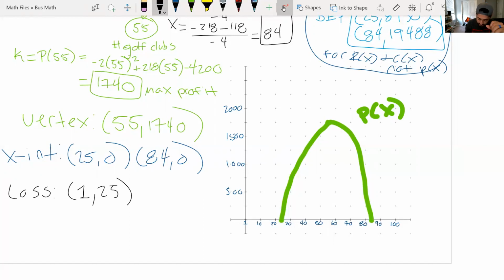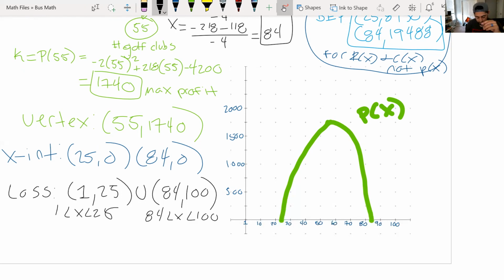And then we're gonna have another loss from 84 golf clubs to, we didn't really get a domain this time. So we can put infinity, but we can't really sell infinity golf clubs. So I'm just gonna stop this at 100. That's our loss. Or 1 to 25 and 84 to 100.